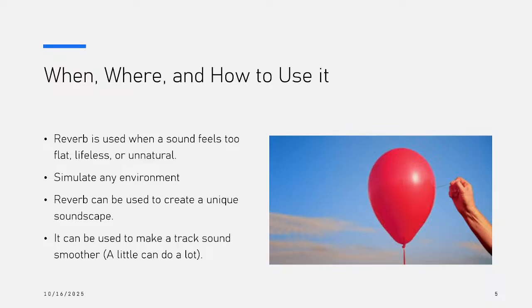For example, a vocal track might use a subtle room reverb to make the singer sound close and natural. Drums might use a larger hall reverb to sound big and powerful, though in films reverb can match the environment. A bathroom scene might have bright reflective reverb, while a forest might have soft diffuse reflections.